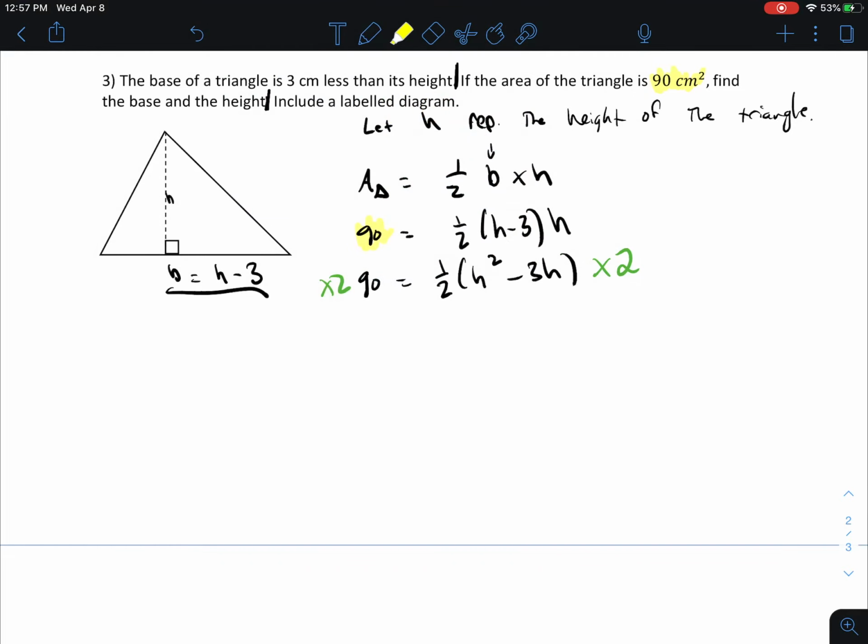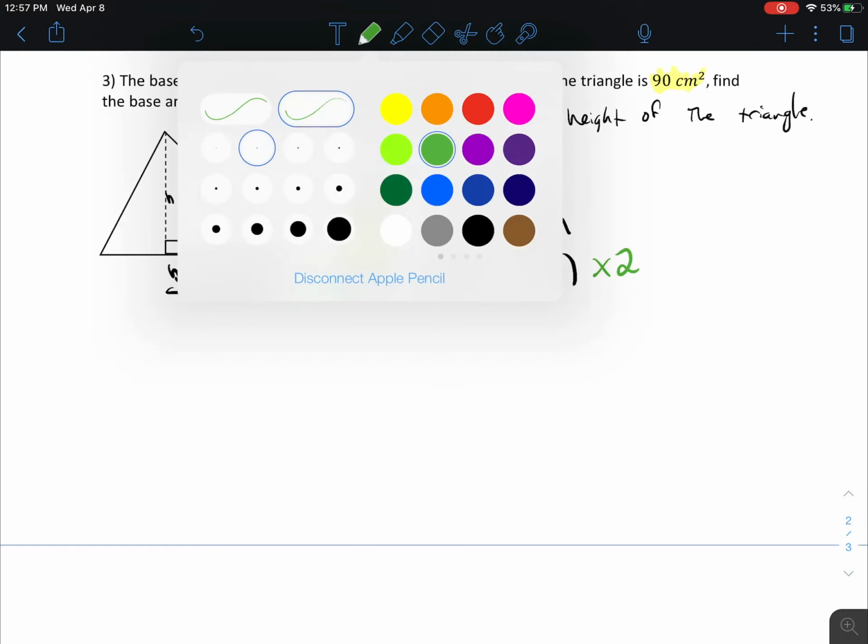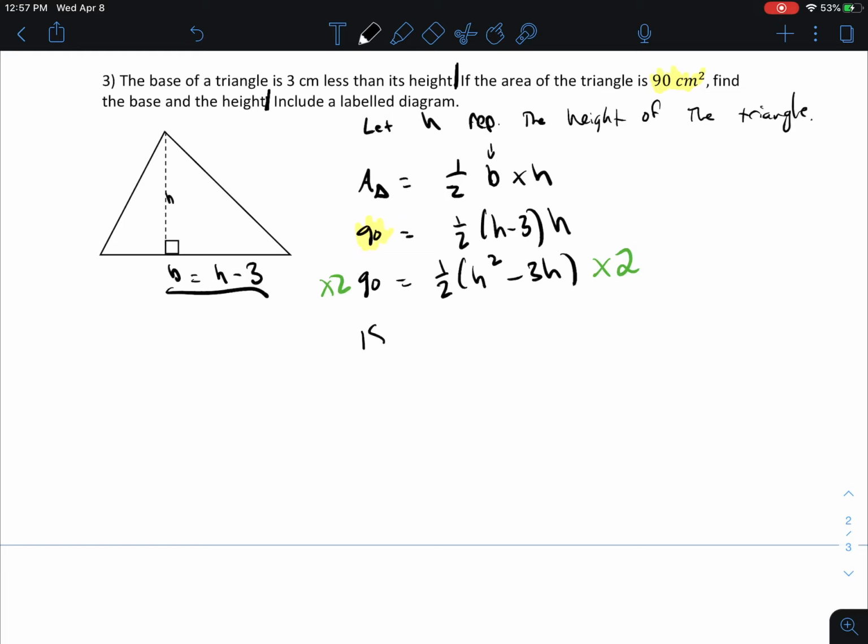Instead of having to deal with fractions, because I'm going to end up with a 1/2 in front of h squared and then a minus 1.5h, why don't I multiply everything by 2 and get rid of the fraction? That just makes things a little bit easier. That ends up being 180 is equal to h squared minus 3h.